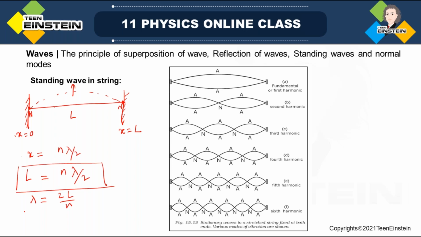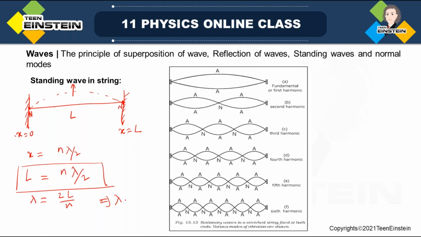So if we say the first one, suppose there are only nodes at the ends and only an antinode in the middle. If that is the case, then lambda has to be equal to 2L.